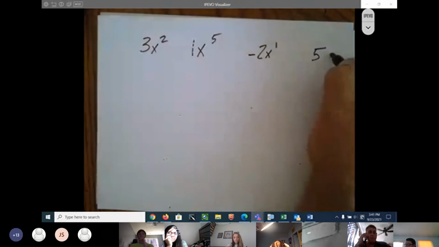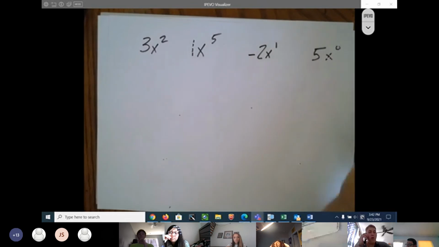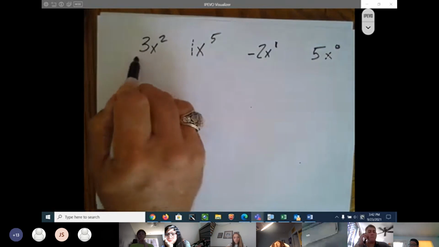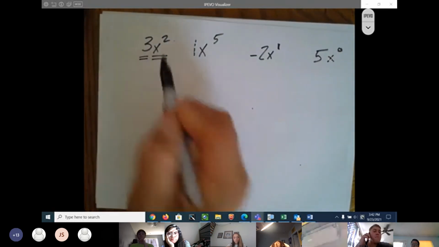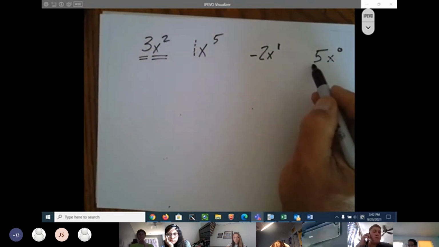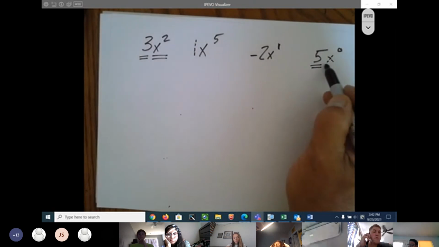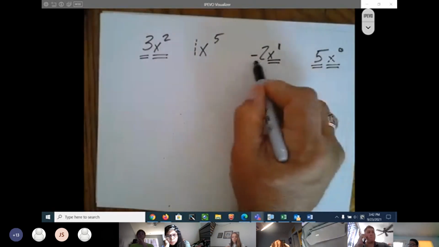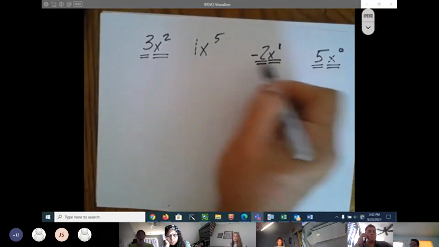And this one has an x to the what? X to the 0. This one has an x to the 1. Every term has a coefficient and a variable. Even a number by itself has a coefficient and a variable. And if you remember this, you'll unconfuse yourself when you're doing the derivatives.